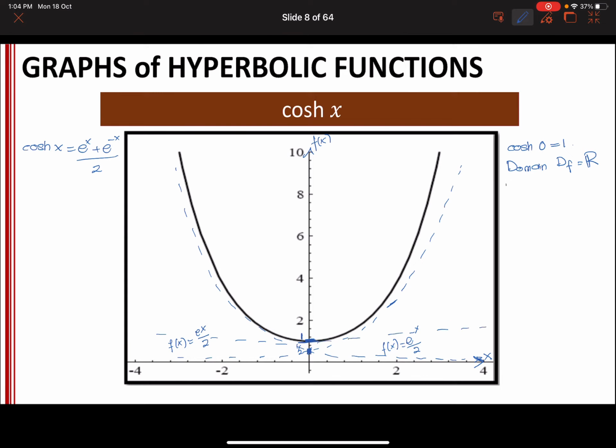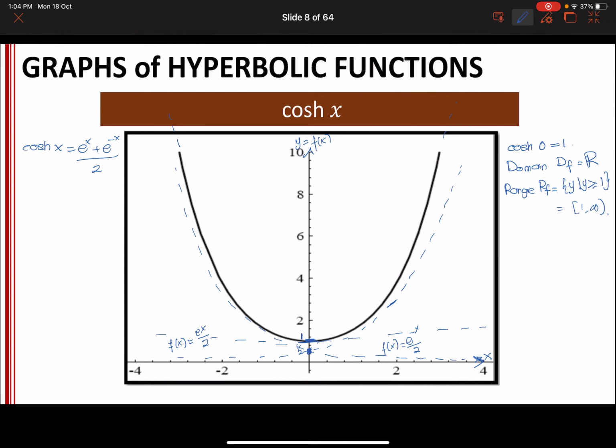So the range R_f is any value of y, let's say y equal to f(x), such that y is greater than or equal to 1. We can also write it as [1, infinity), because above it can go up to infinity, but below, the graph is bounded by 1.